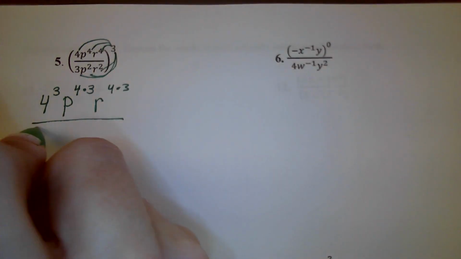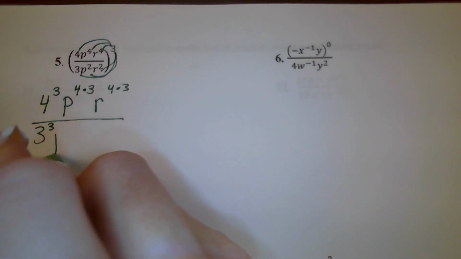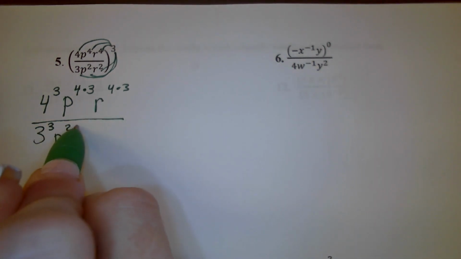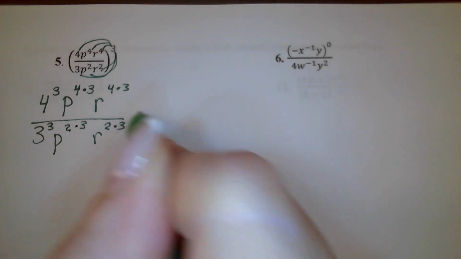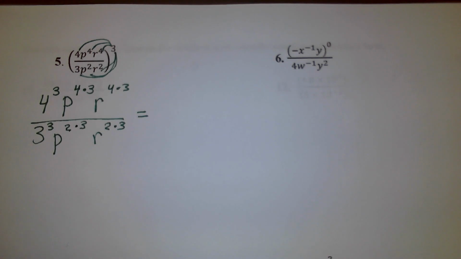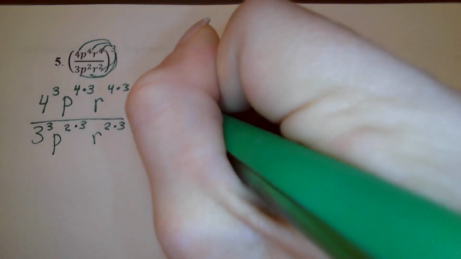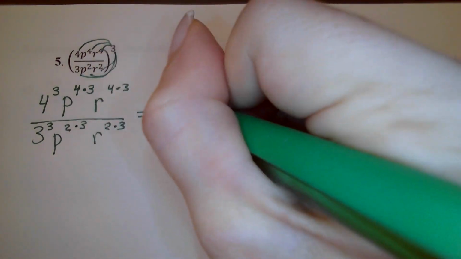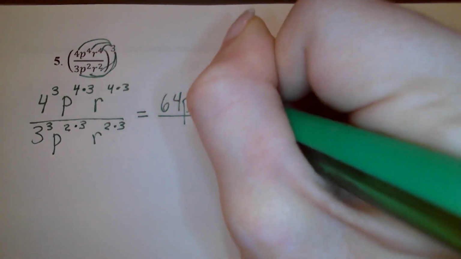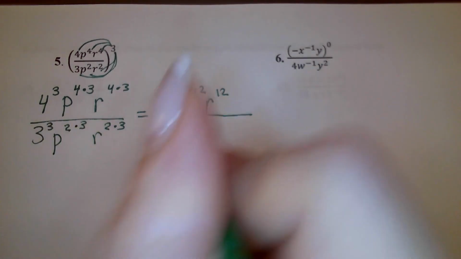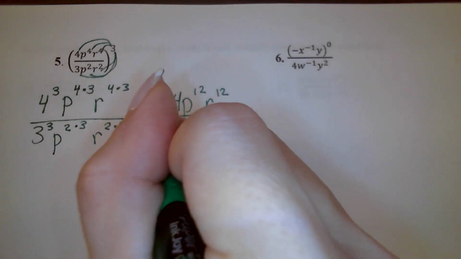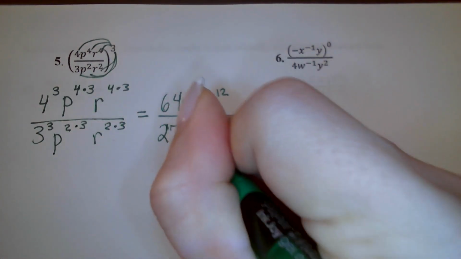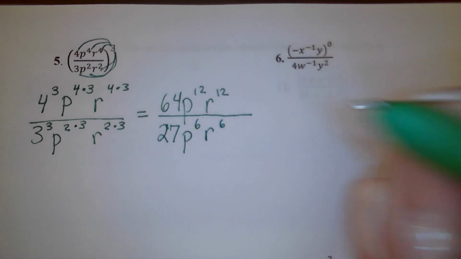So this would be 3 cubed p to the 2 times 3, r to the 2 times 3. Now, when we simplify that a bit, 4 cubed is going to be 64. Then p to the 12th, r to the 12th. 3 cubed, 3 to the power of 3, is 27. p to the 6th, r to the 6th.